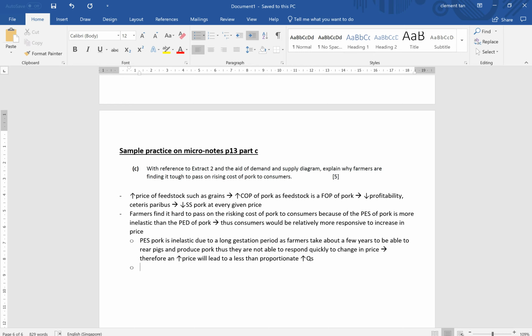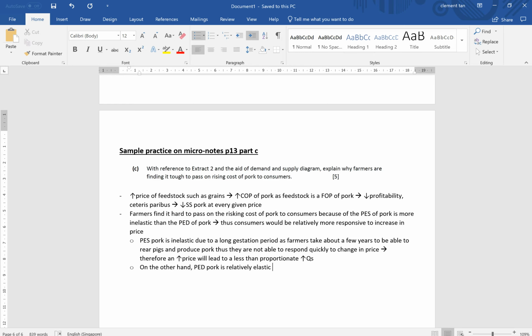On the other hand, use this kind of term: PED of pork is relatively more price elastic. Of course you will say, pork is a necessity, shouldn't it be inelastic? Yes, but as I said, you are trying to answer the question, so don't use necessity.